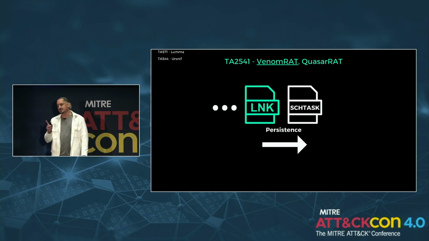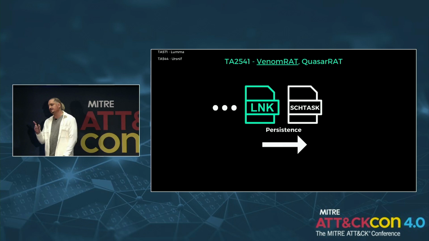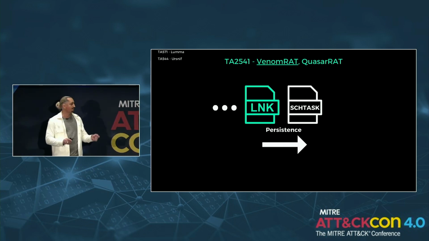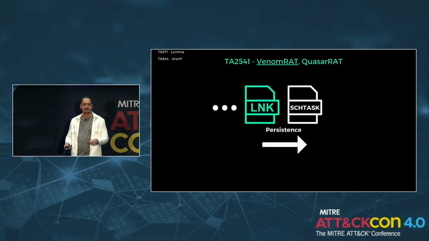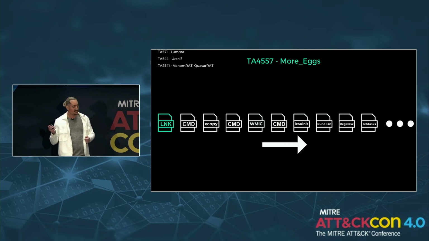And this one's pretty interesting, and the reason why I have this example up here is because I want to show to you that the LNK file is more than just an initial access vector. It can be leveraged in different stages of the attack chain. In this instance, in their deployment of Venom Rat, once they have that initial foothold on the box, they're actually using the LNK file to invoke scheduled tasks to maintain persistence.